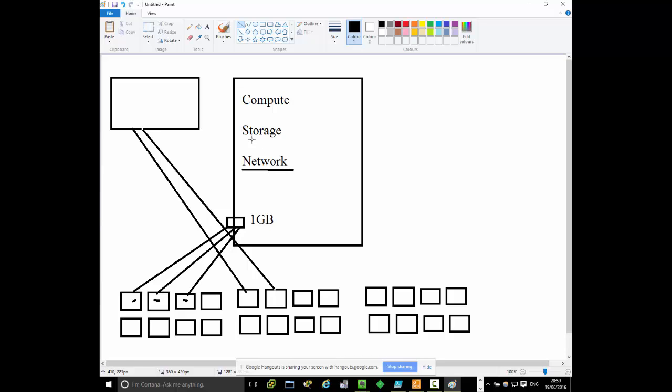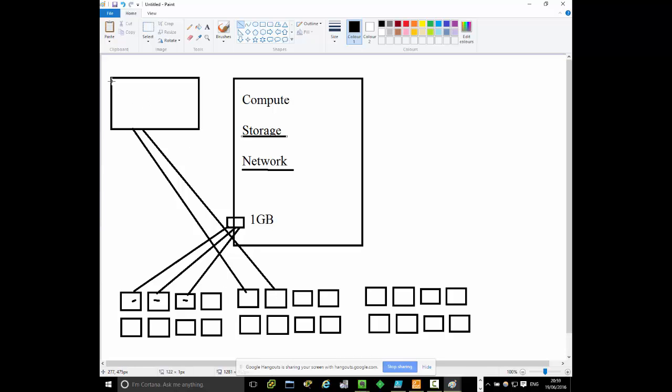Or another one is if the bottleneck is the storage. If the bottleneck is the storage, you can either add more IOPS, maybe more disks, or you can scale out to a different server that has a different storage pool.